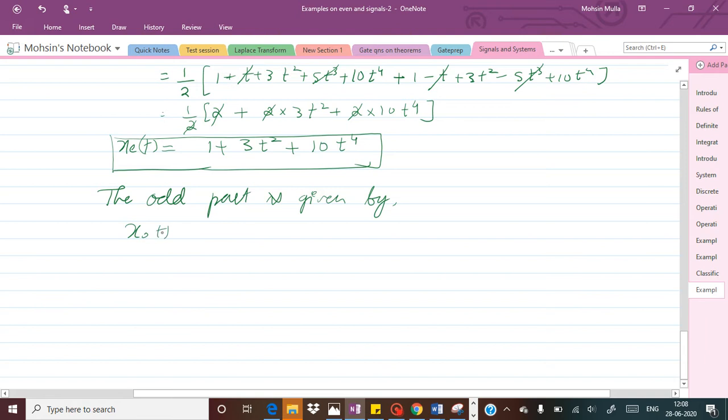x o of t equal to 1 divided by 2 times x of t minus x of minus t.